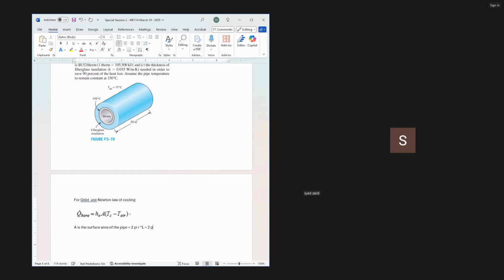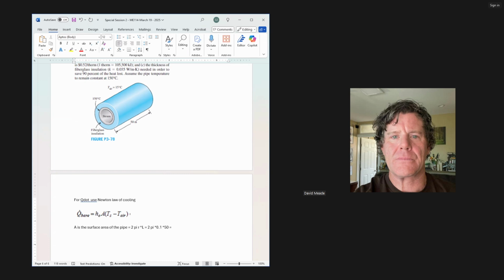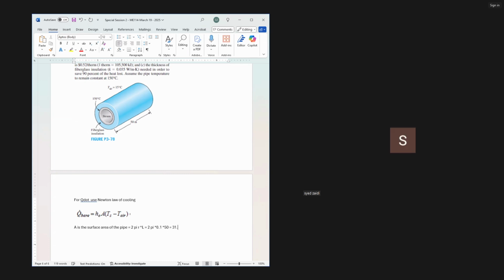2 pi multiplied by r, which is 0.1 meter, multiplied by 50 meter. So what do you get? 31.41. Now can you put it in Q dot?